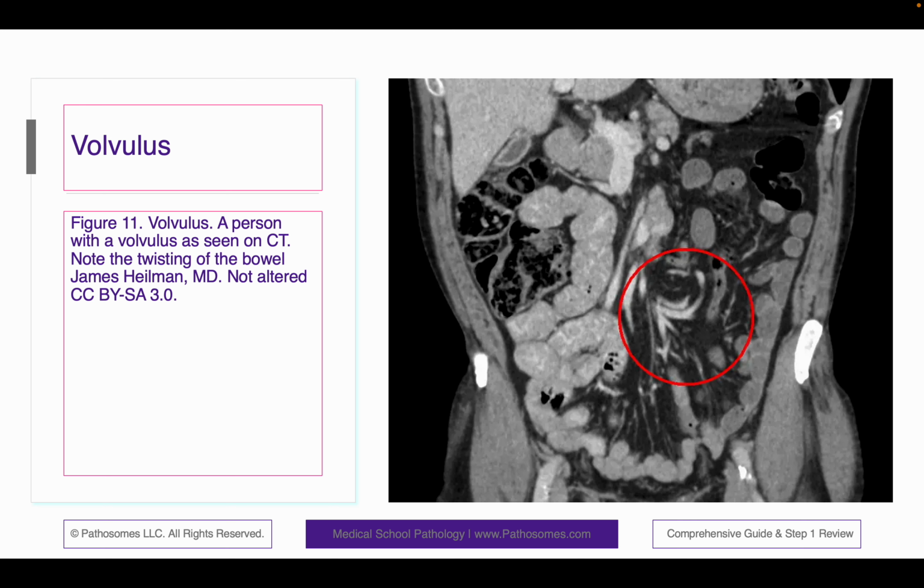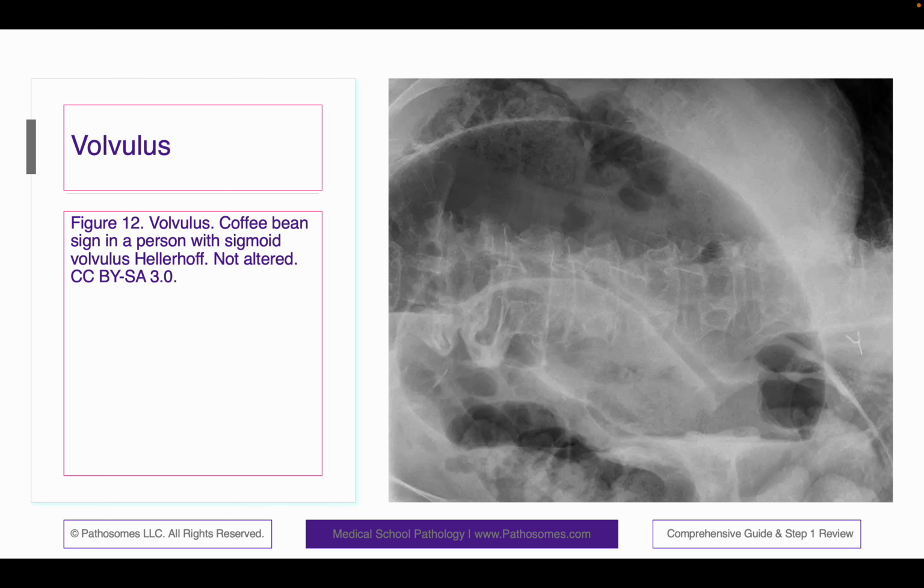And here we have another CT scan from a person with volvulus. You see that there, outlined by the red circle? And volvulus occasionally can show up with a coffee bean sign.